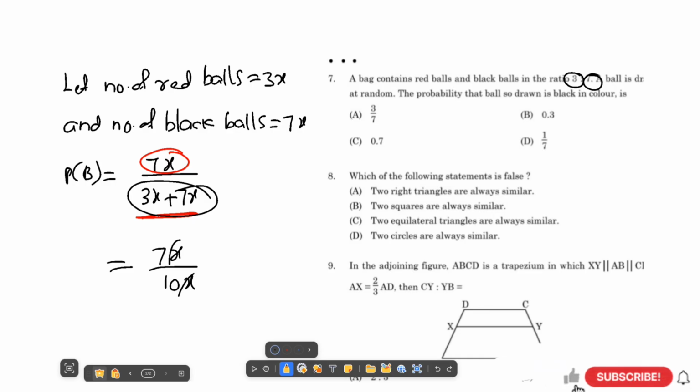So x cancels here. We will have 7 by 10. So 7 by 10 is the probability. That's it. So which option is right? 7 by 10 means 0.7. So which option has this 0.7? So option C is right.